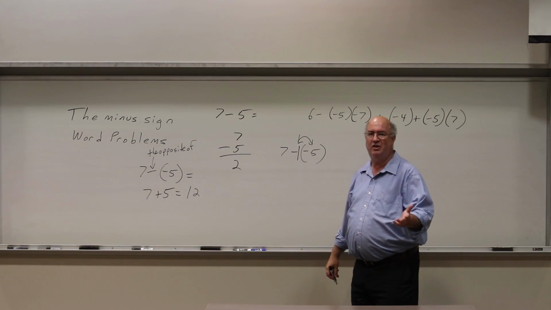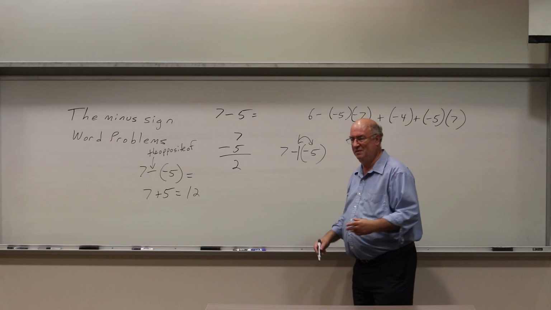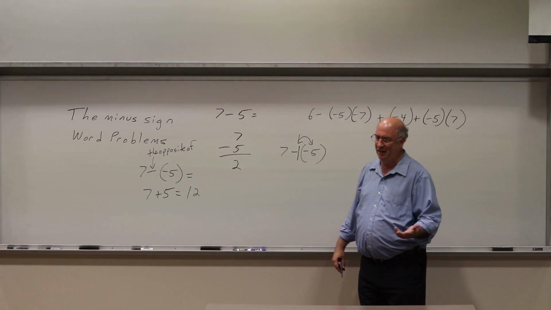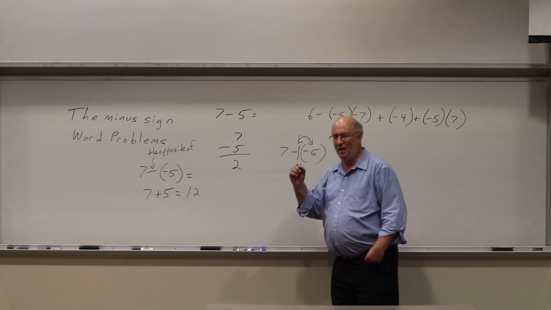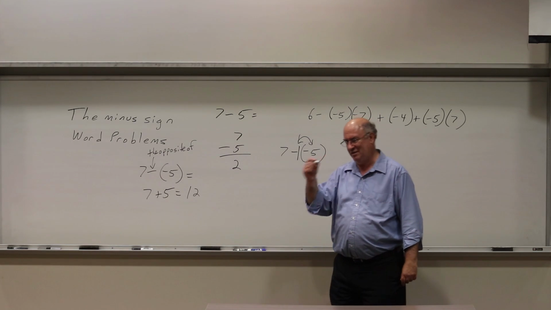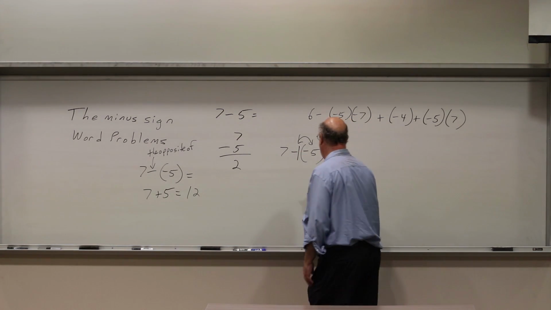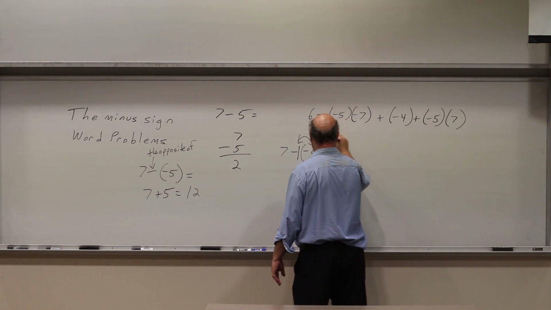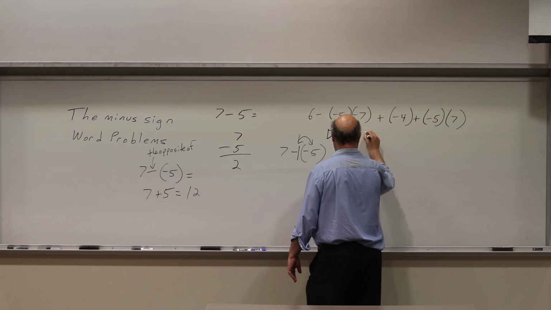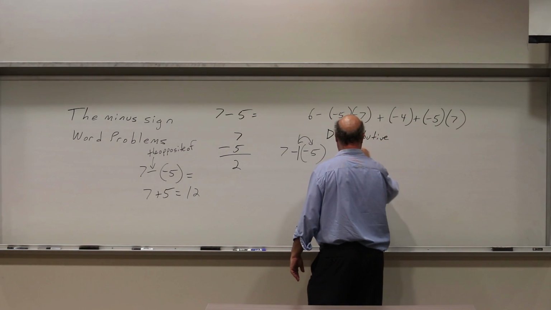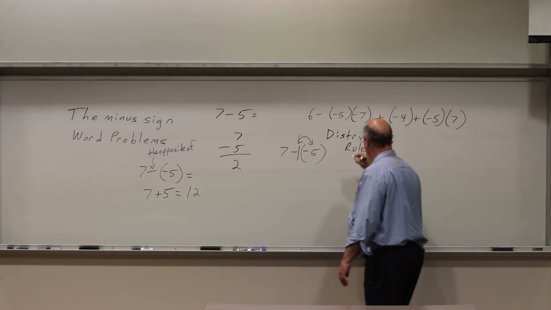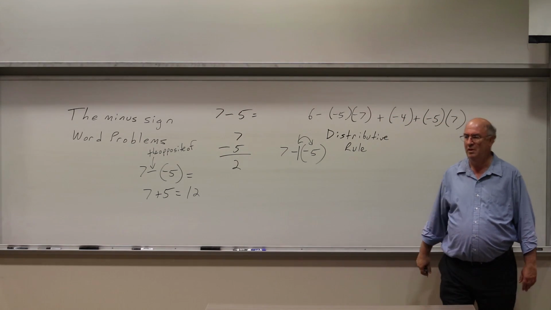So it's like, okay, the sign's the same? Yeah. Okay, it's positive. Sign's different? Yeah. And it's negative. Okay, you don't have to keep going. The opposite of this is that, and the opposite of that is this, and back and forth. Okay, this is called the distributive rule.